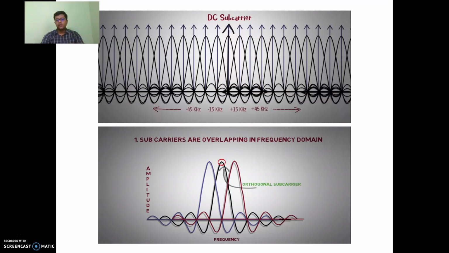As you can see, there are 1200 sinc waves and the subcarriers are overlapping in the frequency domain. We can notice that we have a 0 component at the peak of each subcarrier, which is known as orthogonality. The evolution of OFDM for 4G mobile communication will be continued by my friend Raghavendra.